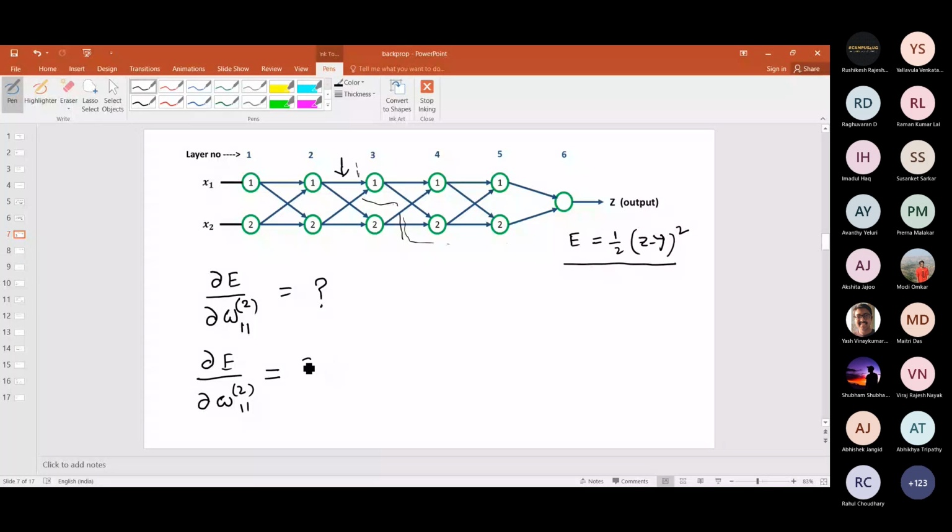So therefore I can write it down in this way, simply using the chain rule, because I know E is a function of the input to this particular neuron.